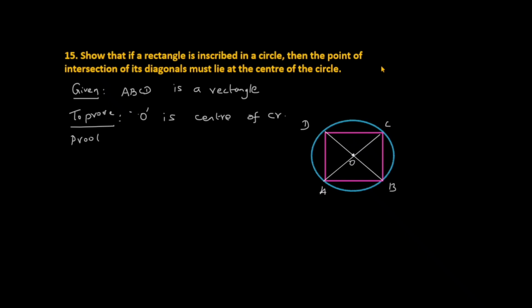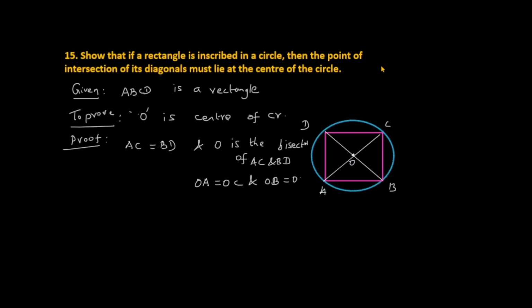For the proof, we know that the lengths of the diagonals in a rectangle are equal: AC is equal to BD, and O is the bisector of AC and BD. O is the midpoint of AC and BD. So for AC, OA is equal to OC, and for BD, OB is equal to OD.